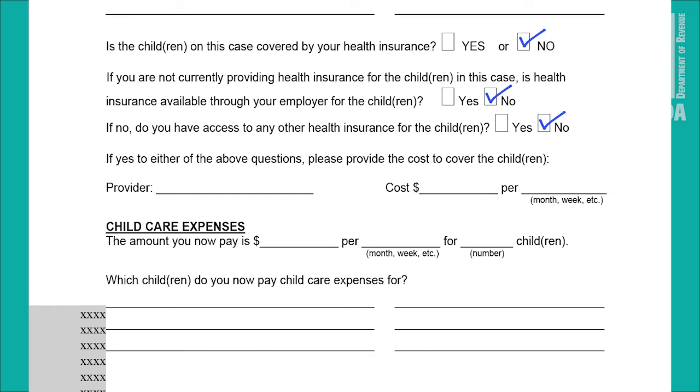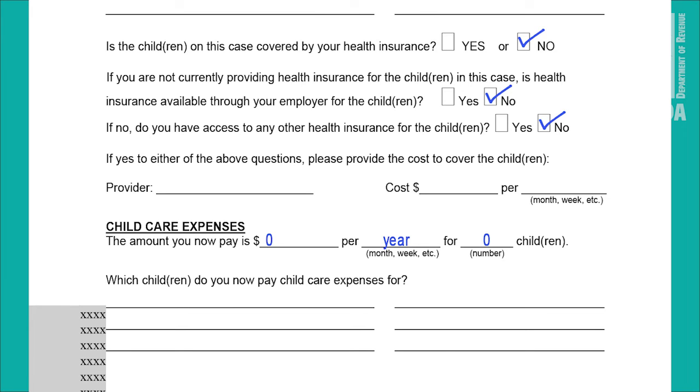Now complete the child care expense section. If you do not currently pay child care expenses, enter $0 per year for 0 children. If you currently pay child care expenses, enter the amount you pay, the frequency, and the number of children on the lines indicated. Then, list the names of the child or children that you pay child care expenses for on the lines below.